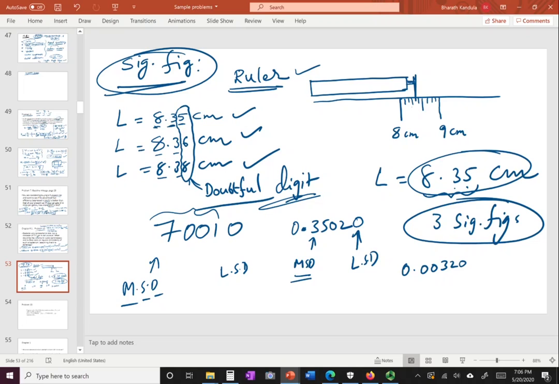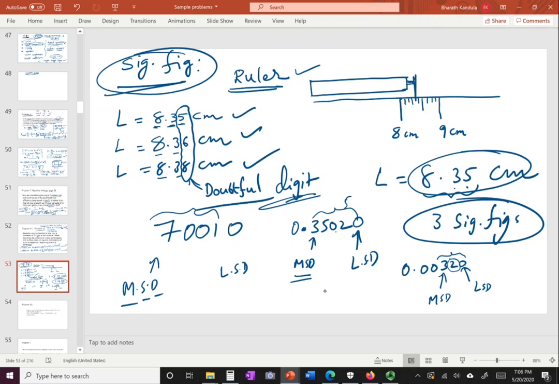The leftmost non-zero digit is the most significant, and the rightmost digit is 0. Do we consider this as least significant? Yes, because there is a decimal point. So this is the LSD, and the digits between the MSD and LSD are also significant. So there are 3 sig figs in this number. And in the previous one, we have 1, 2, 3, 4, 5 sig figs.